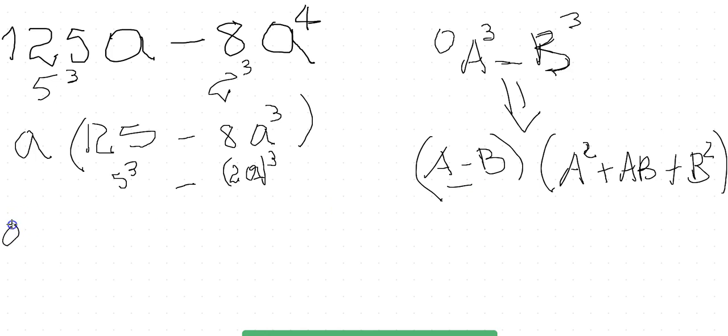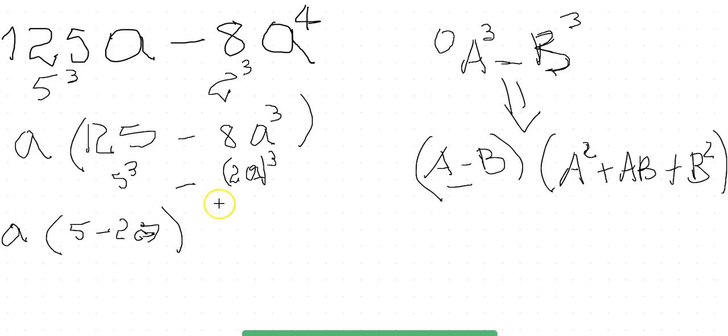So I'm just going to use this one. It's a minus b, so it's going to be 5 minus 2a. And then what else?